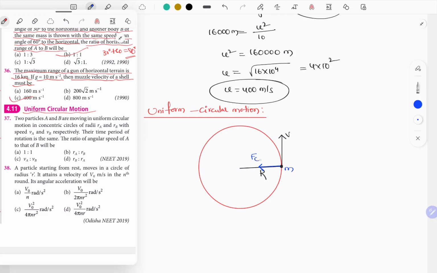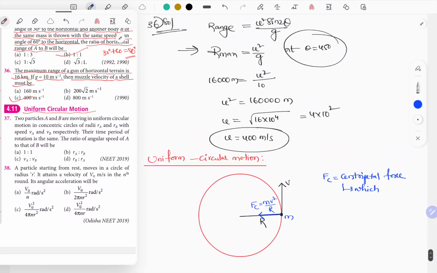That is called Fc, which is equal to mv square by r. What is the meaning of Fc? Fc is equal to centripetal force. What's the meaning of centripetal force? It makes the particle move in a circular motion.